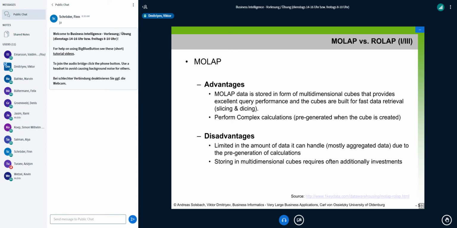The disadvantage is if you have really a lot of data, like a couple of gigabytes or terabytes inside your data warehouse, MOLAP, or multidimensional online analytics, is not a good choice. Why? Just imagine when you put a new fact into your table. For this fact, all possible combinations are going to be pre-calculated for you, so you can get them really fast.